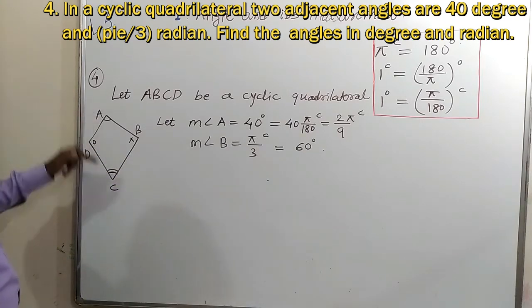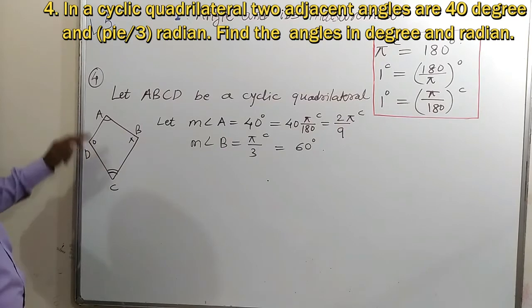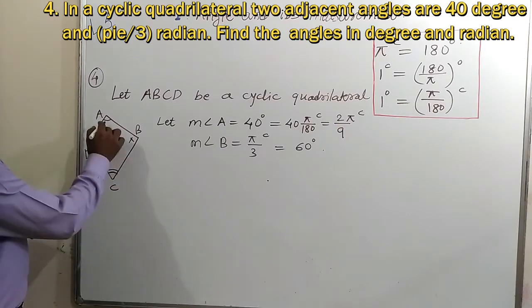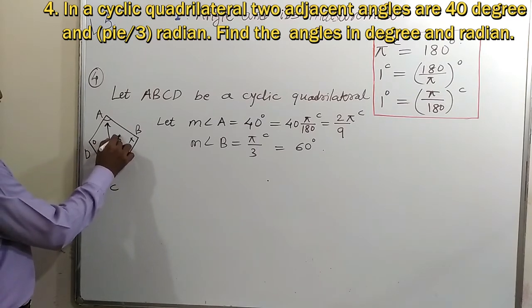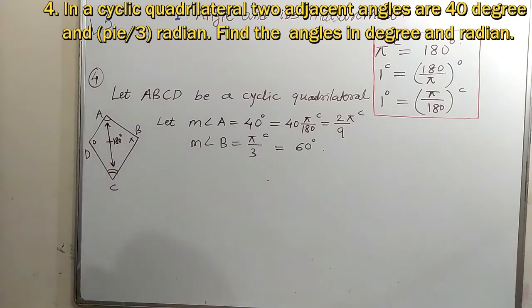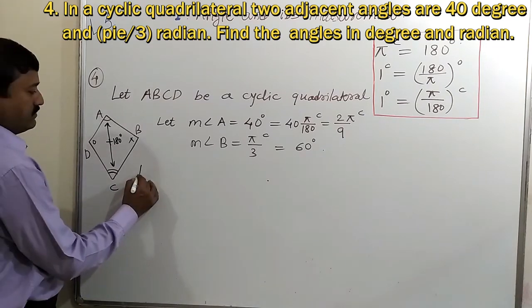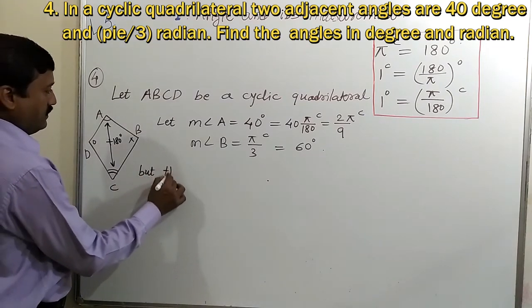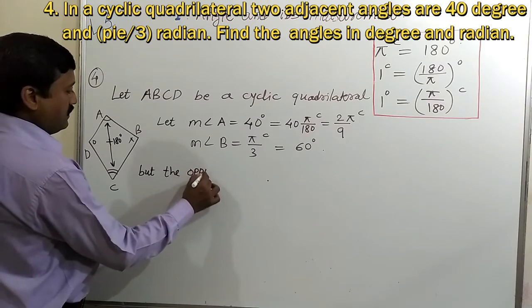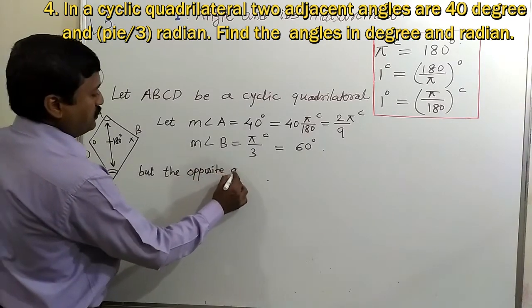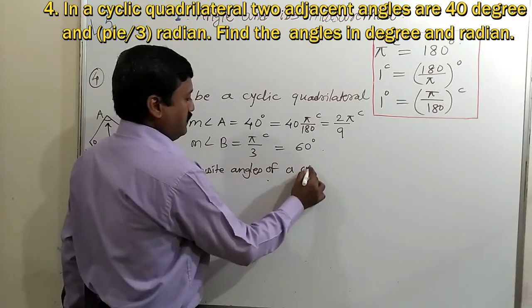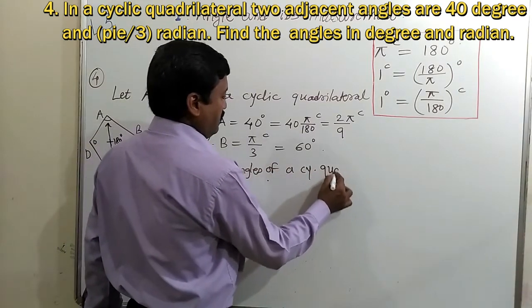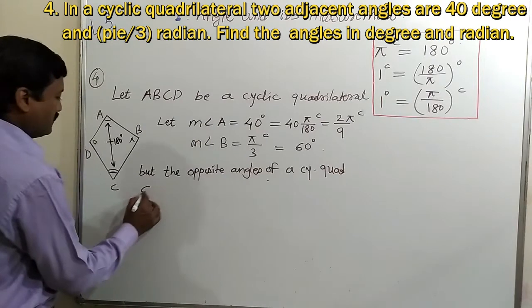But the property is that the opposite angles of a cyclic quadrilateral are supplementary. Means the sum of these two angles is 180 degree. I am writing that property here: opposite angles of a cyclic quadrilateral are supplementary.